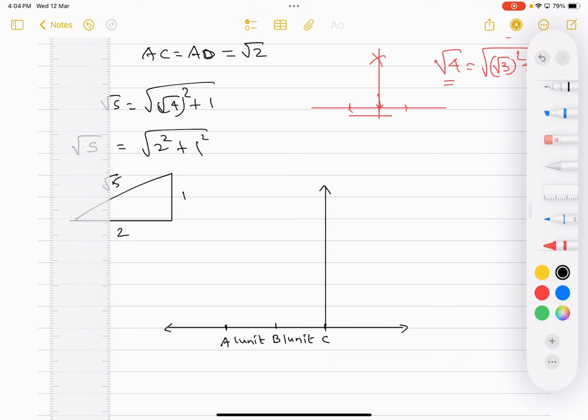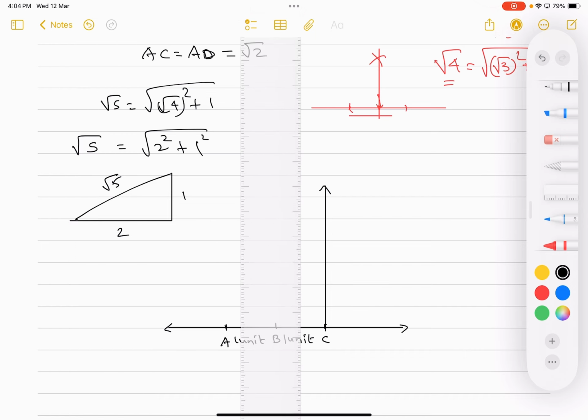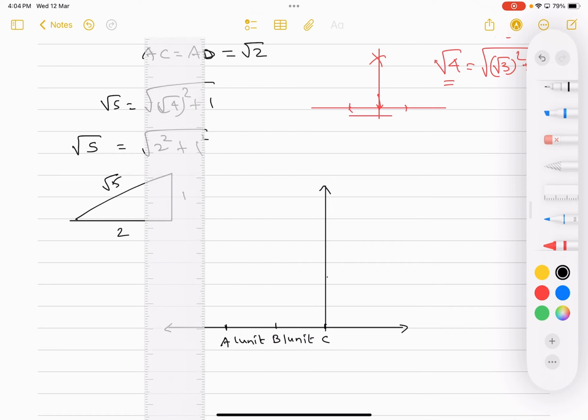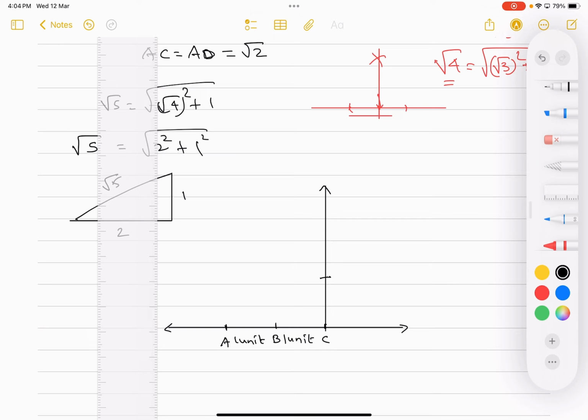Now the same 1 unit that you have measured, you have to use the compass and draw the arc. Then connect.